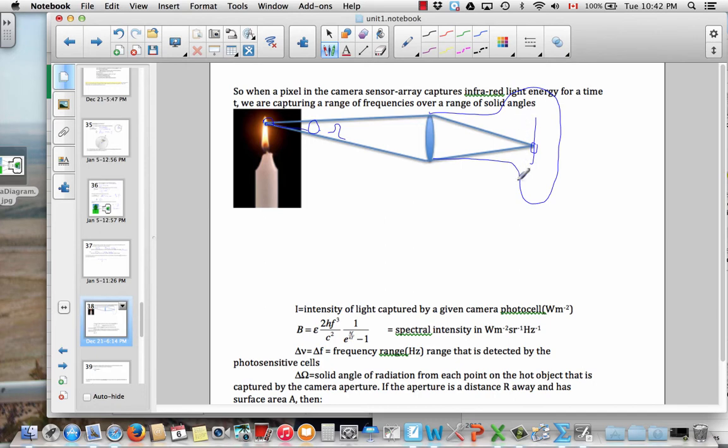So what this camera actually gets, the signal into the camera, is the intensity, and that is adding up this Planck function over a whole bunch of frequencies. So this integral is adding up over that frequency range, and also over solid angle.